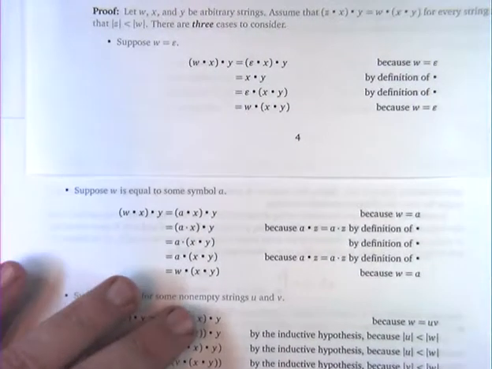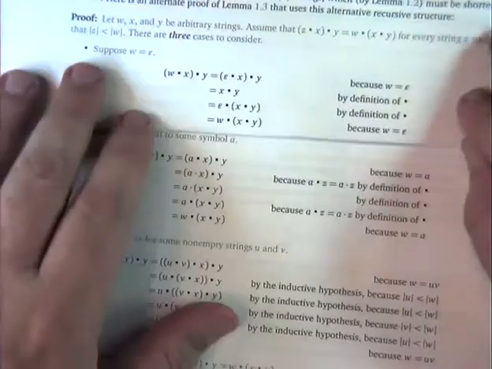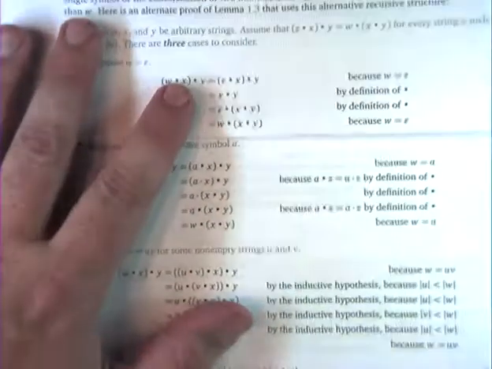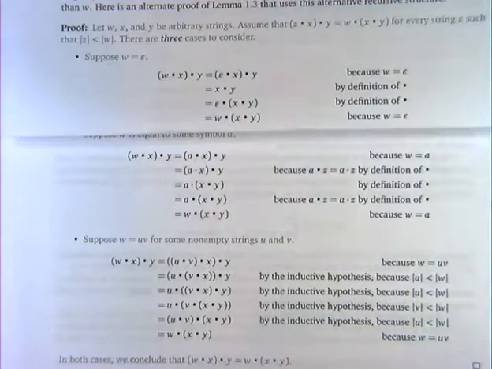So, for example, there's a second proof of the same theorem in the notes that has 3 cases instead of 2. That basically uses a slightly different recursive structure. Instead of saying that a string is either nothing or a character followed by a string, another recursive structure that you could exploit is the following.